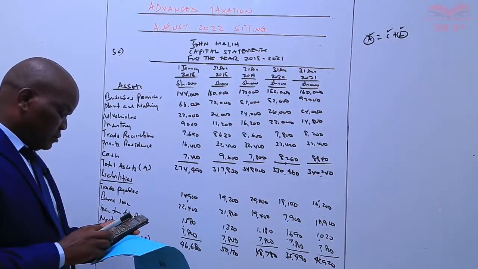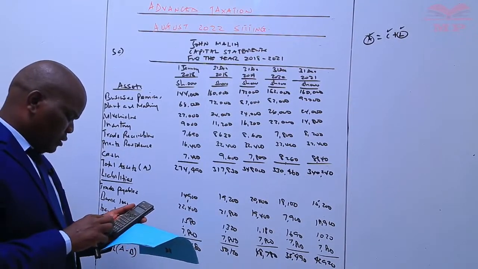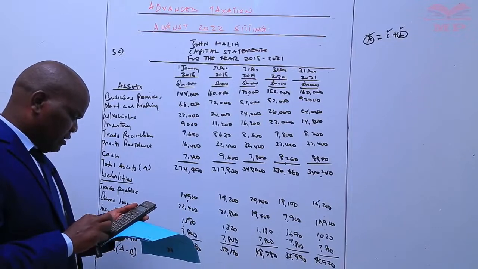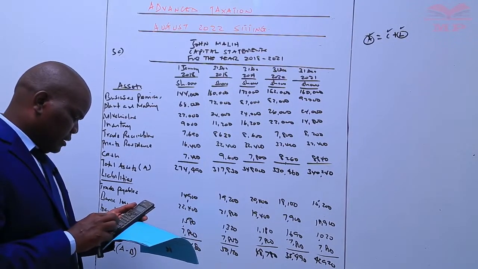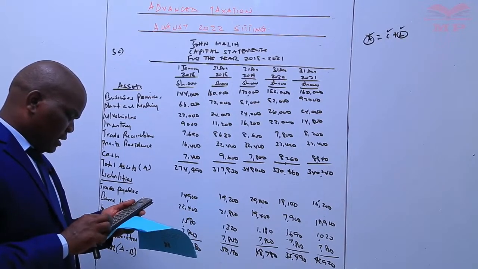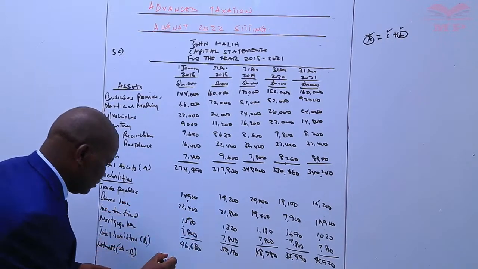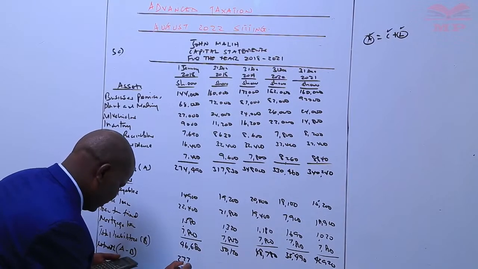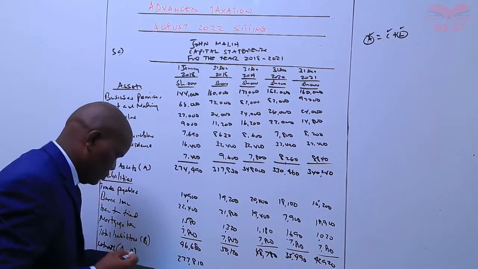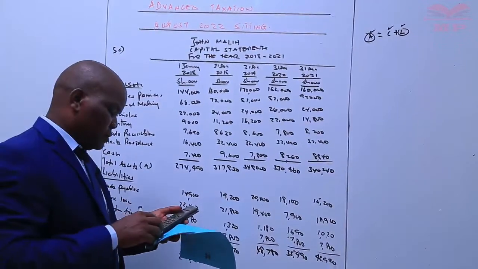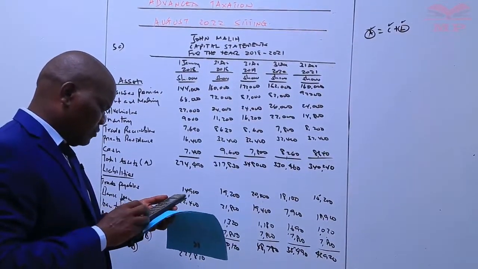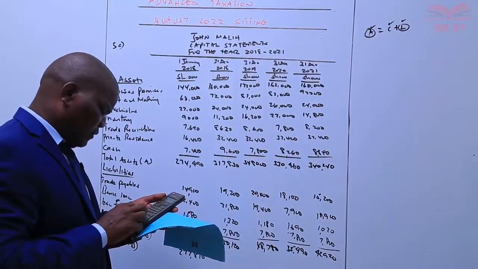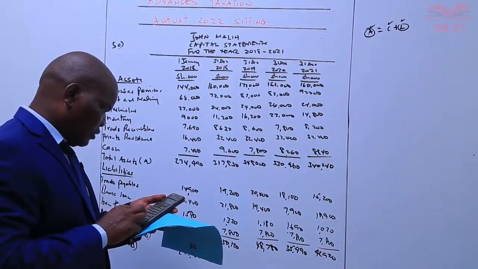We move 2018 January, 274,490 minus 46,680. I get 227,810. 317,830 minus 50,120.